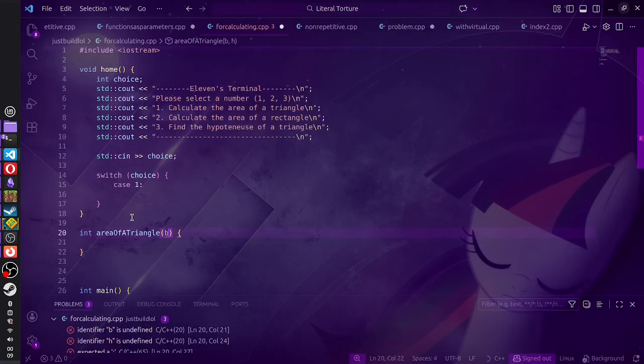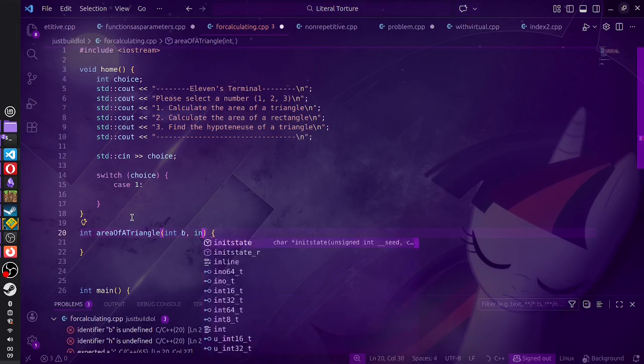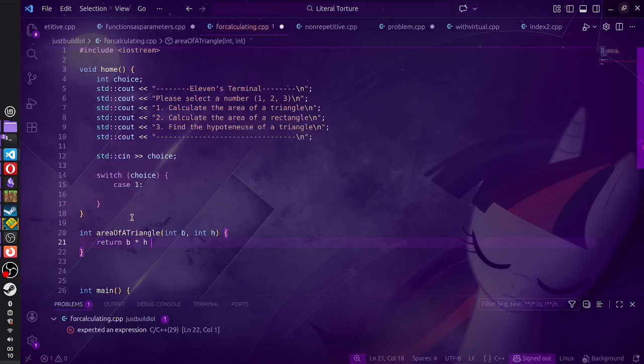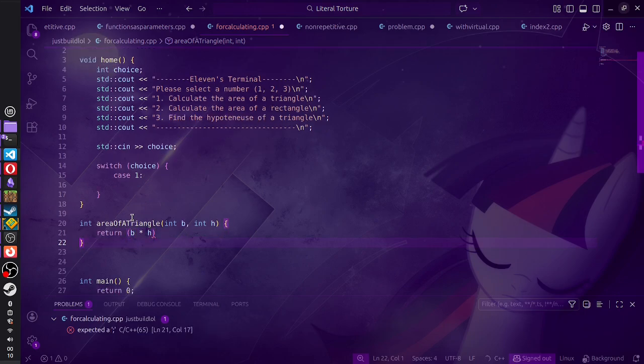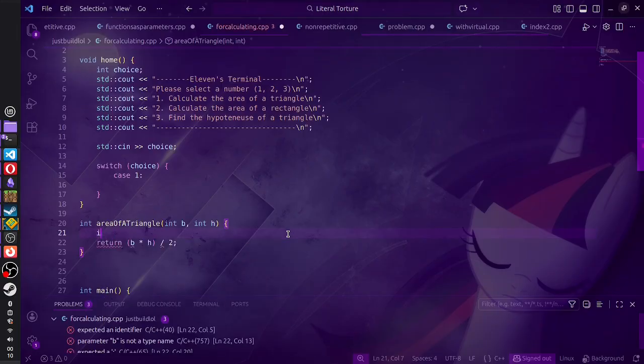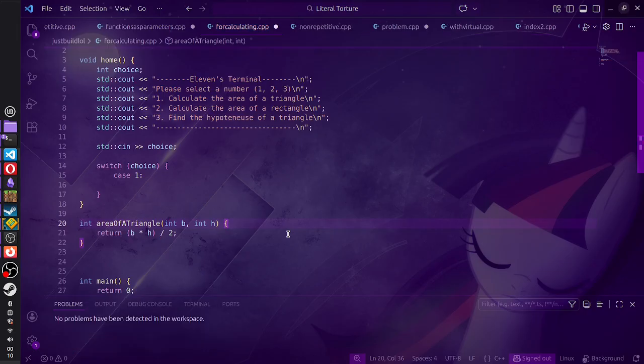Awesome. I forgot to declare what data type they are. Return base times height divided by 2. Int x, y. No, wait, hold on. Do we need parameters? No, I don't think we need parameters for this at all.